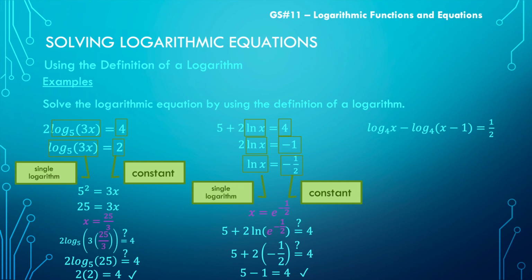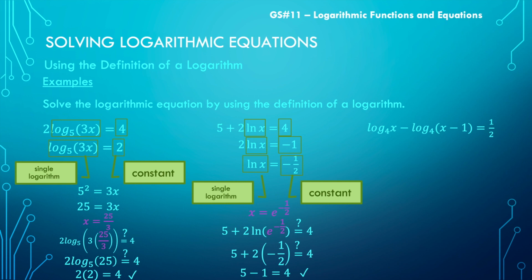Now this last example here, if I said box the log, you might have trouble because there are two. And so in this case, we need to condense. We have two logs on that one side of the equation, and I've got a constant on the other. That's great, but those two logs need to be condensed into a single log.